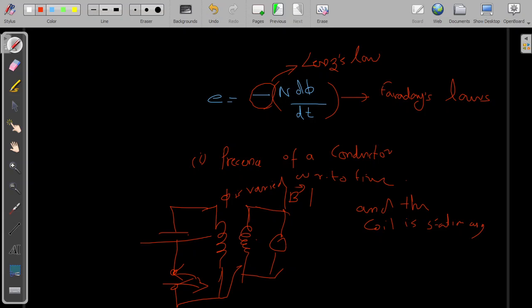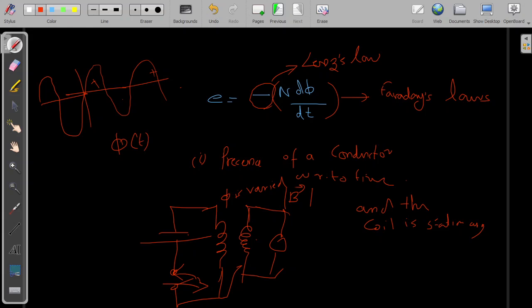Or this can be done in another way also, by replacing this battery source by an AC source, so that alternating current waveform, which you have studied in your plus 2 classes, is alternating in nature. That is, after every half cycle its polarity gets changed, so the current flow direction also changes, and it is also varying with respect to time, so that the flux phi is also varying with respect to time.